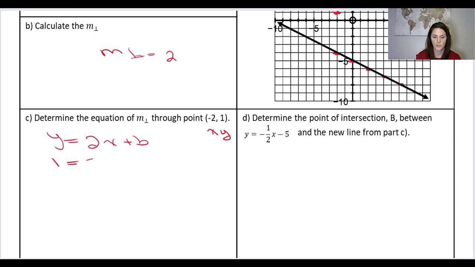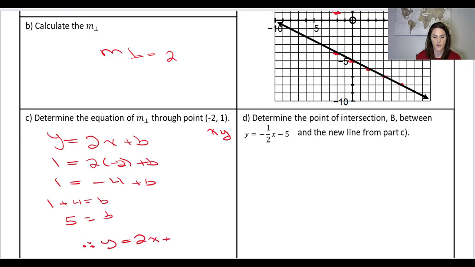So 1 is equal to 2 times -2 plus b. So 1 equals -4 plus b. 1 plus 4 equals b. So b equals 5. And putting it all together, therefore, y is equal to 2x plus 5.